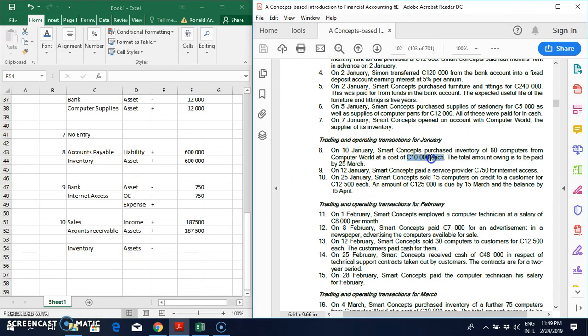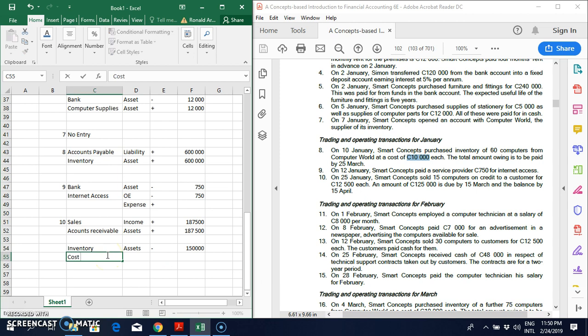We paid 10,000 Rand. Remember, we sold it for 12,000 because we buy it and then we sell it, and when we sell, we of course have to make a profit. So the costs are going to be different. So we always record the inventory at the cost we purchased it for. So we sold 15 computers, 15 multiplied by 10,000 because that's how much we paid for it.